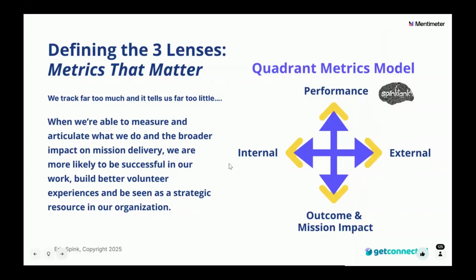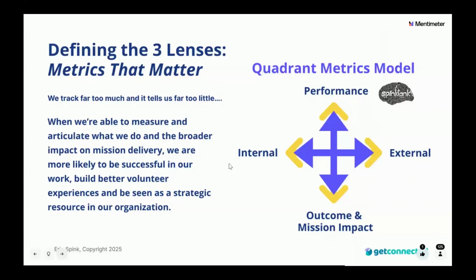The point of metrics is to gain insights. If the data that you're collecting isn't helping you make informed strategic decisions, then you may want to look at why you're collecting it. Now, I get it, and I pinky promise to all of you, I will not go off on a rant about volunteer hours.